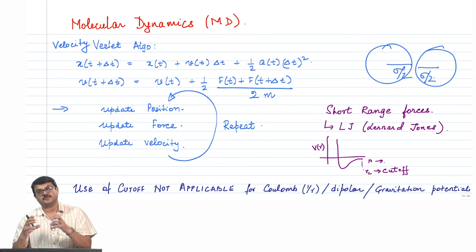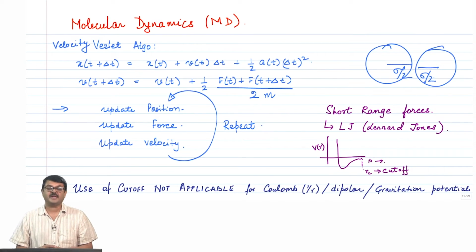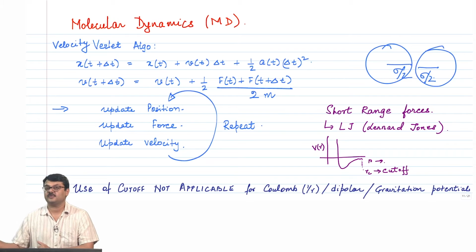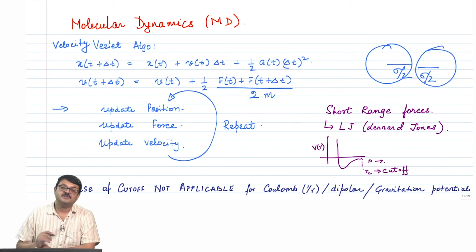Just beyond sigma there is an attractive force, but at distances of 3 sigma the attractive interaction is extremely weak, and hence it is not worth computing the forces at distances greater than 3 sigma, say, or 2.5 sigma, you can choose your cutoff. That modifies the potential slightly, since you set the potential and thereby the force to 0 at distances greater than the cutoff, but it does not change the physics. We could use a cutoff since this was a short range force.